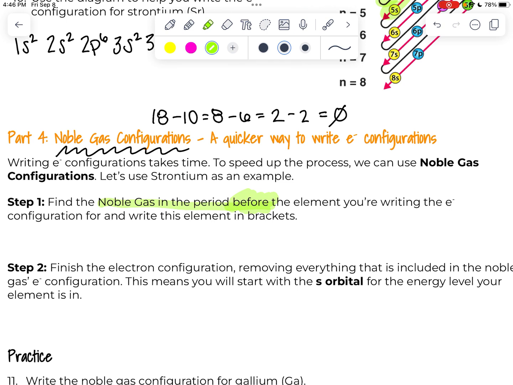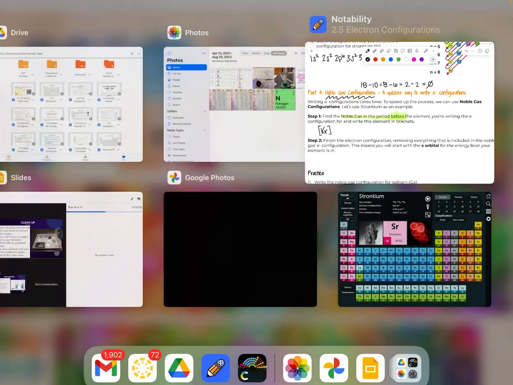That first step tells you to write that noble gas in brackets. So we're going to write Kr in brackets, just like this. Essentially, I'm saying that I am accounting for all of krypton's electron configuration in these brackets.